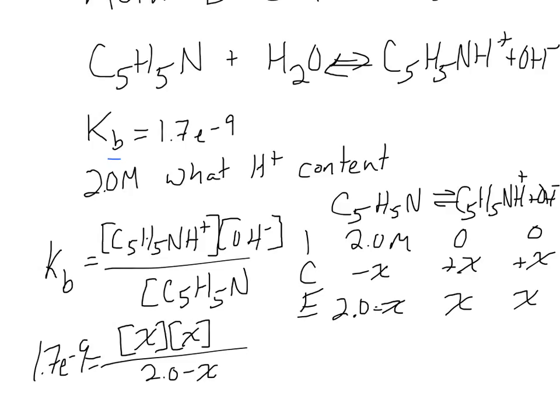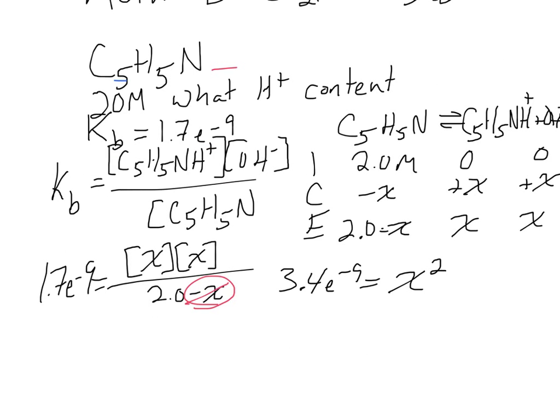Now again, because this is such a small value, that means the change in X in the denominator is going to be removed. So if we multiply both sides by 2, X squared is equal to 3.4 e to the negative 9th, and we're going to square root that value.